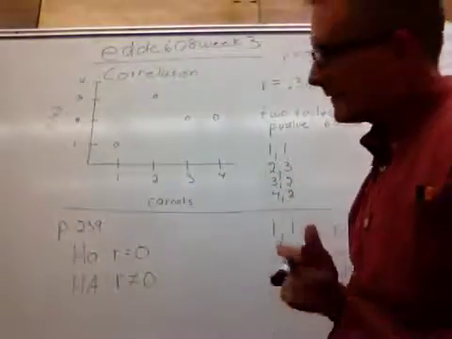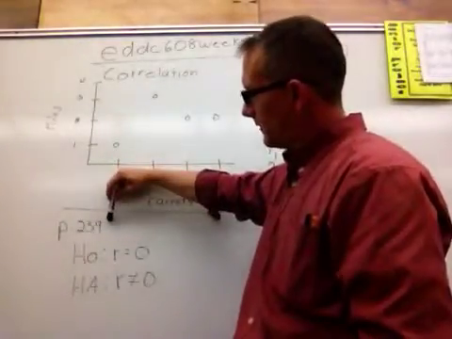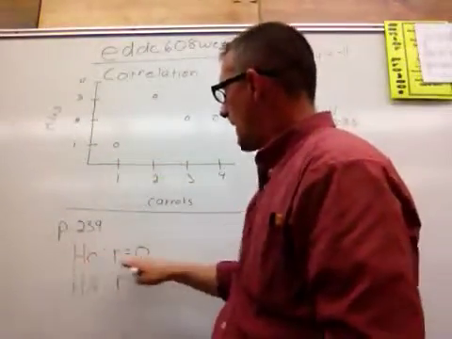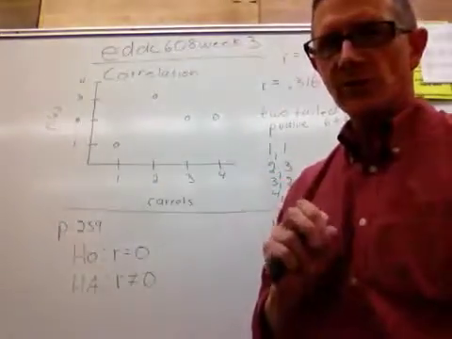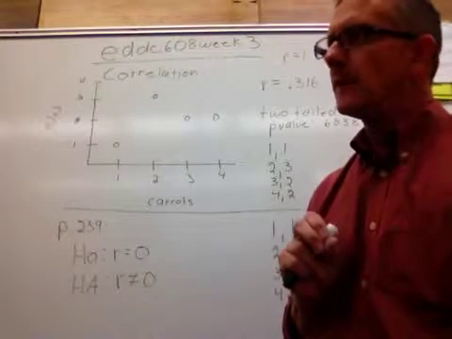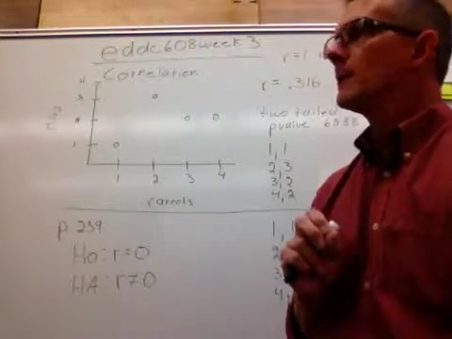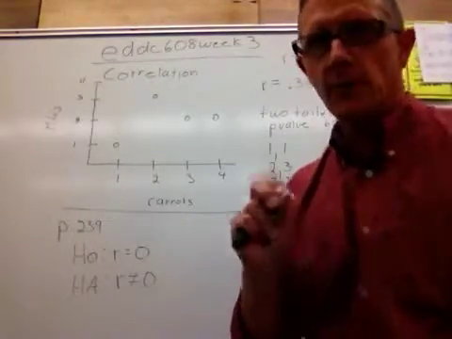Now, one of the things that gets confusing in correlation, if you look at page 239 in your text, the null hypothesis in correlation always is that there is no correlation in the population. So let's say you believed that there was a relationship between the number of hours you slept and your IQ.